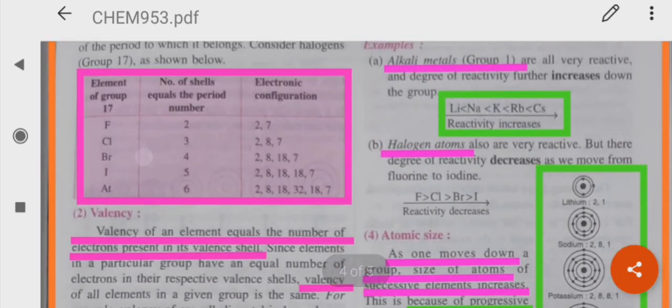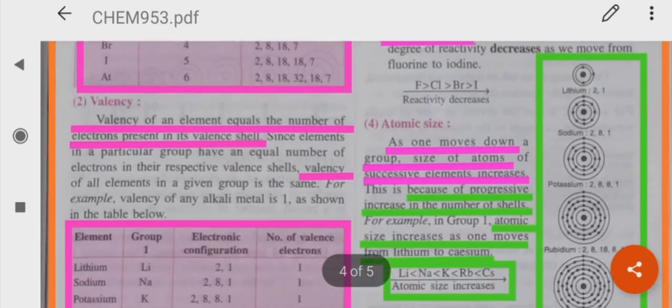So, let us see the halogens: fluorine, chlorine, bromine, iodine, astatine. Number of shells: since fluorine is present in the second period, the number of shells is 2, chlorine 3, bromine 4, iodine 5, astatine 6.